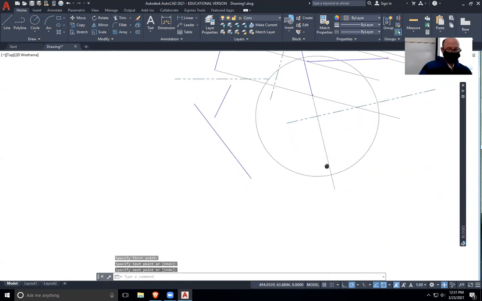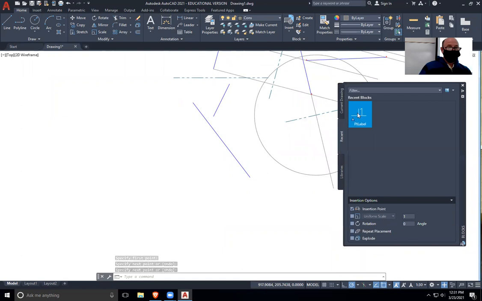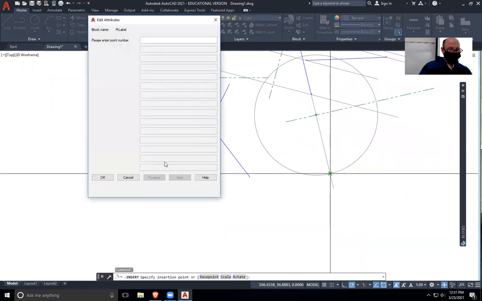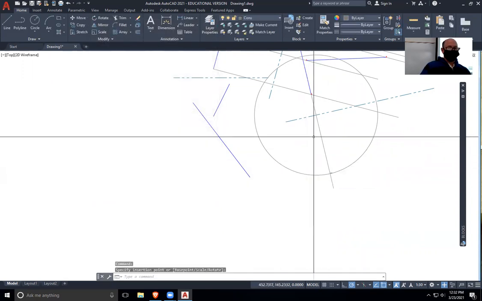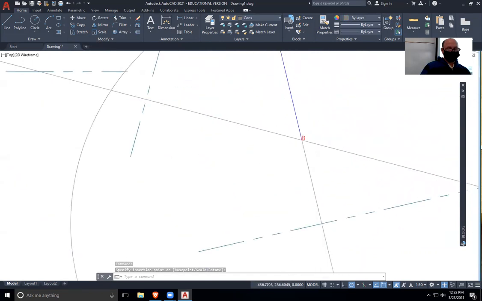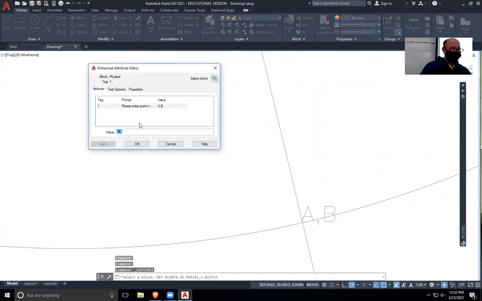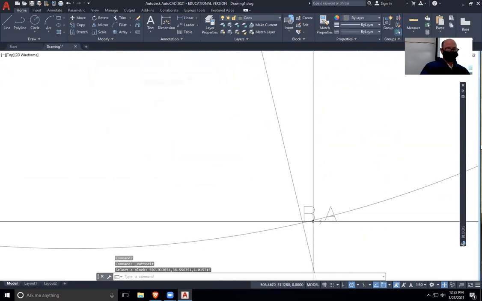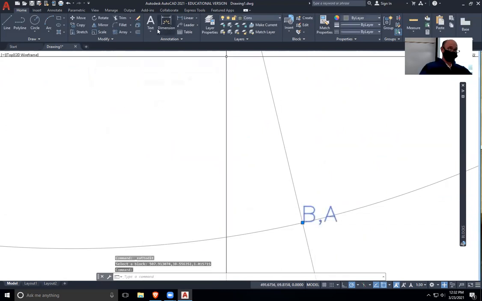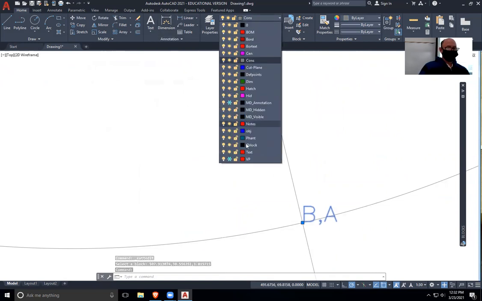So the line's over here now. This is AB. Or should I put it in order, right? Because B is closer, so maybe that should be BA. Know what I mean? Because point B is closer to the viewing plane. Good enough.